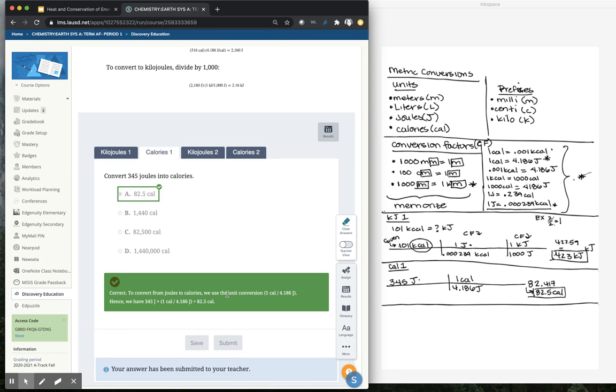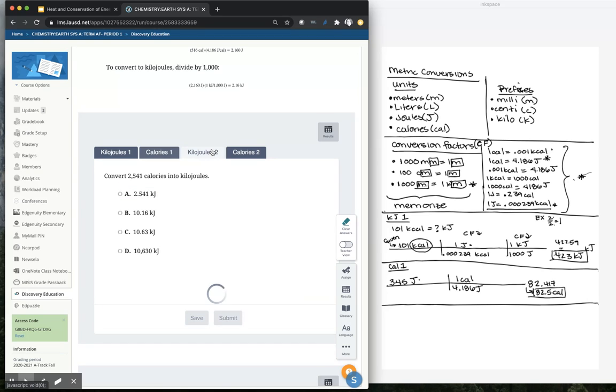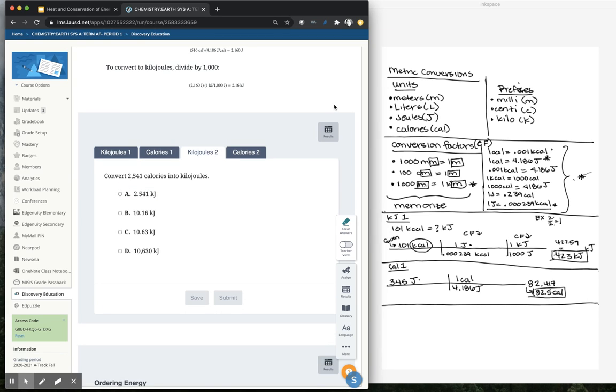Next one, going on to kilojoules 2. So I'm going to name this KJ2, and this one is going to require 2 parts of a conversion factor, because again, I did it ahead of time, so I know. The problem says convert 2,541 calories into kilojoules.